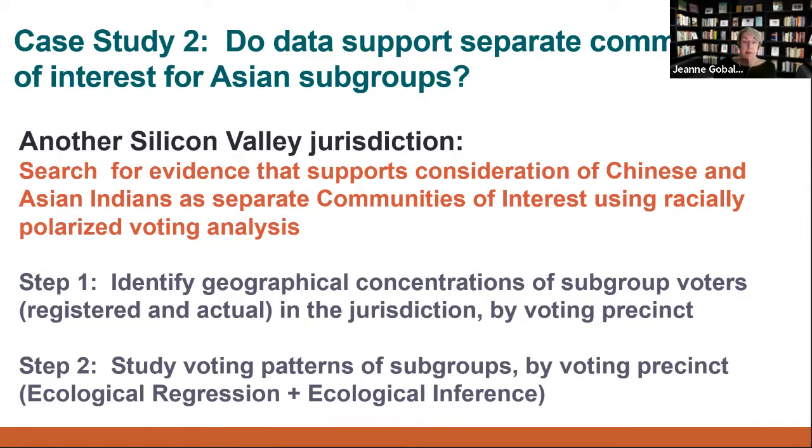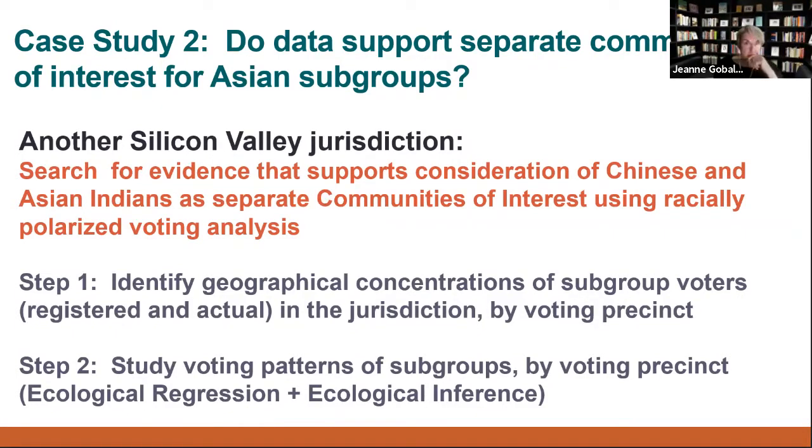The second step was to study voting patterns of subgroups by voting precinct using ecological regression and ecological inference, which are the methods now accepted by the courts to show whether there is racially polarized voting. It's also useful in seeing if these different subgroups vote differently.